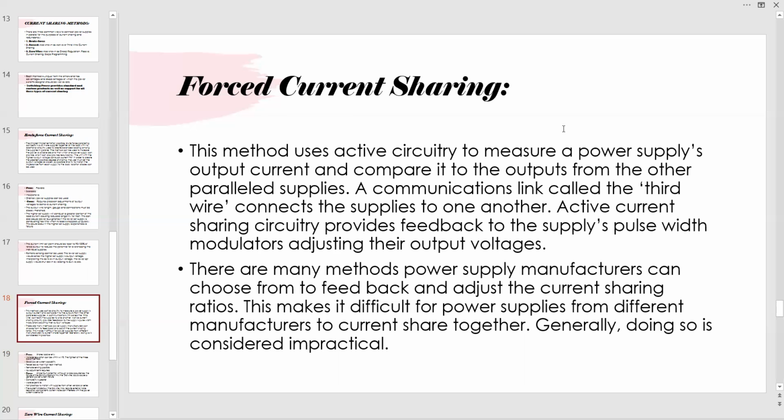There are many methods power supply manufacturers can choose from to feed back and adjust the current sharing ratios. This makes it difficult for power supplies from different manufacturers to current share together generally. Doing so is considered impractical.